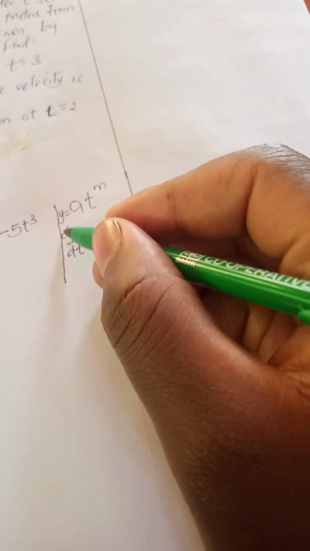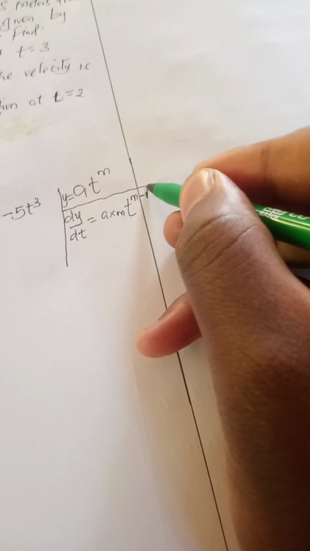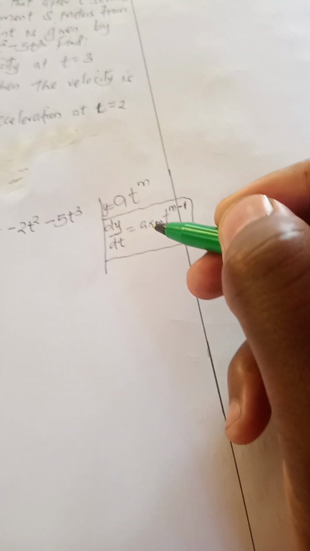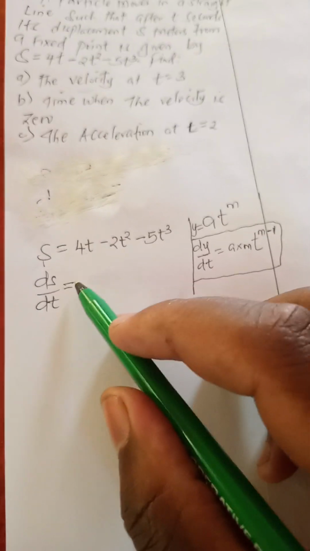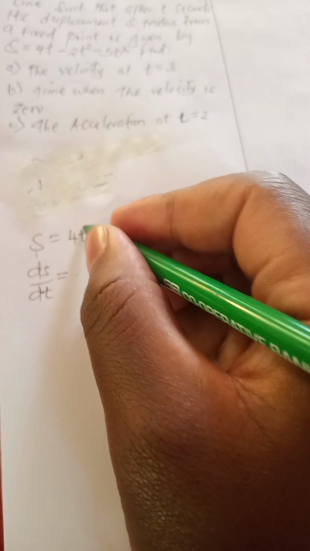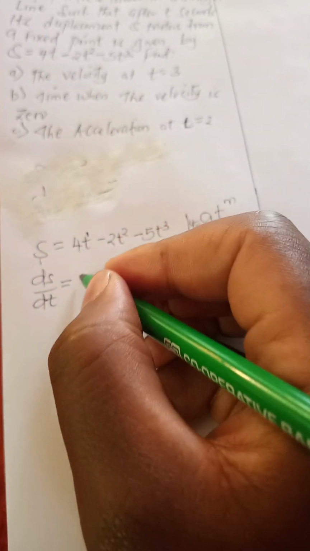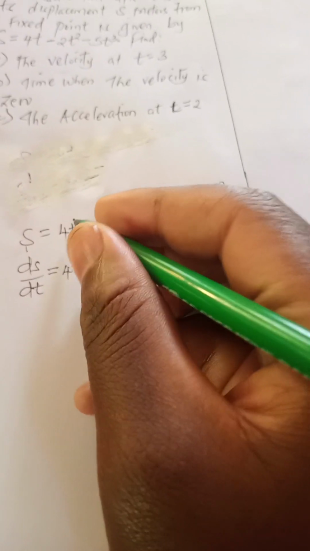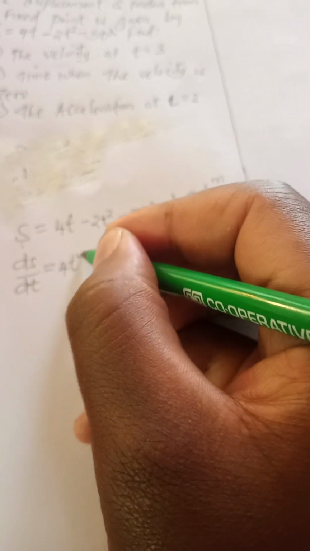This is what we apply when we are doing differentiation. So we will come back to our question. Differentiating 4t, remember t is raised to the power of 1, so it will be 1 times 4. 1 times 4 will be 4. Then t, 1 minus 1 will be 0.